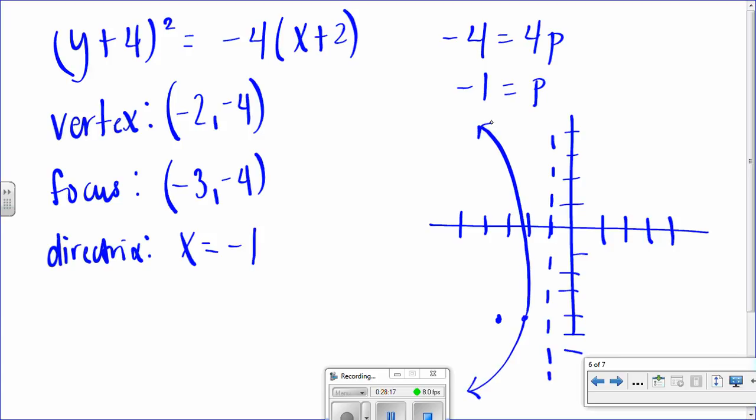Is that opening in the right direction? Is the focus on the inside and the directrix on the outside? Okay, we're pretty good today. If we can do those things, then we got it licked for today. We're not going to go the other way yet. We will. We're going to get to where I can give you these, and you can give me that.